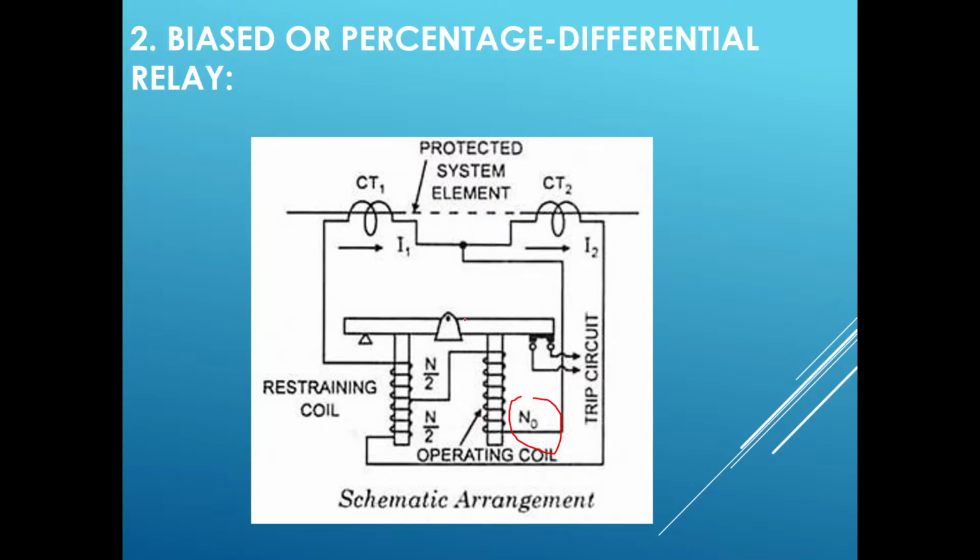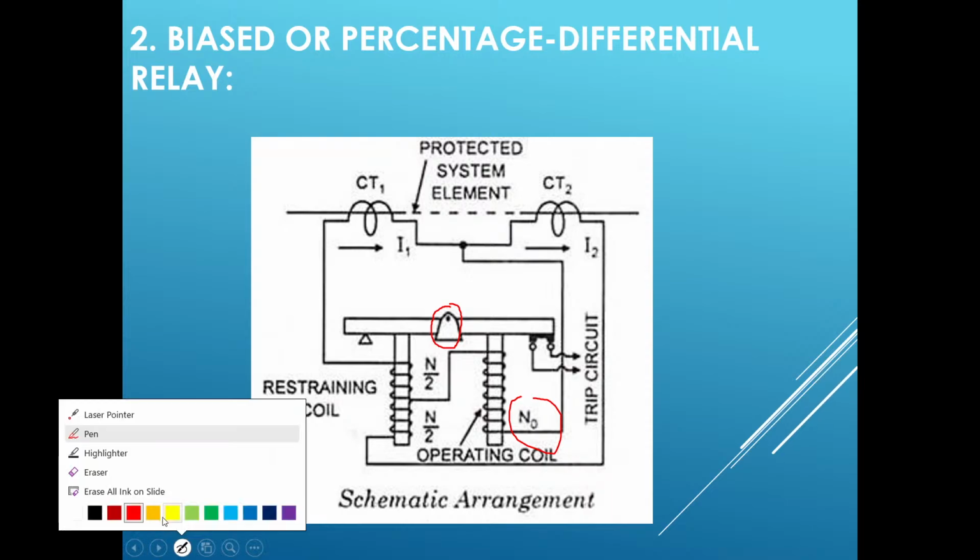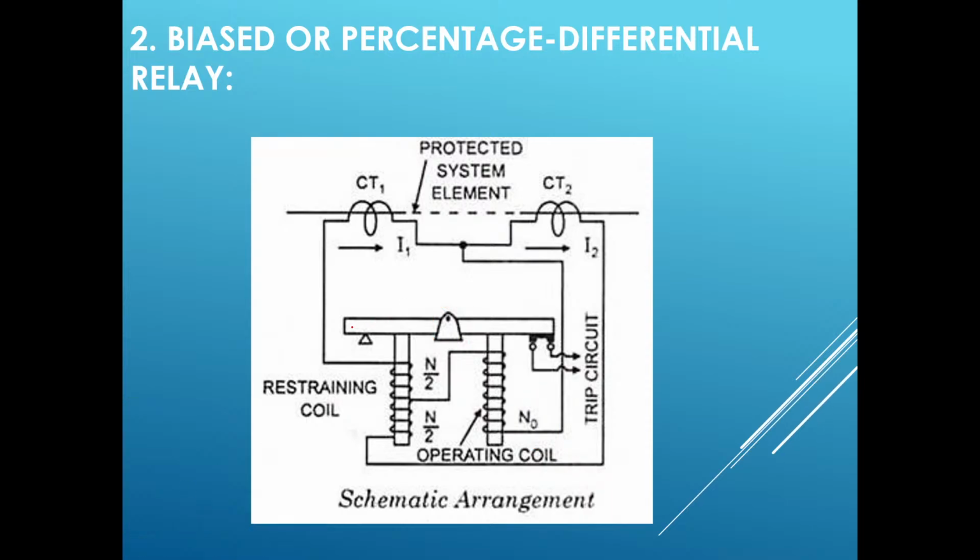Now, there is a center support here, and on this center support there is a beam, and there is a counterweight. This triangle is nothing but a counterweight holding the beam in position, and this is our moving contact, MC.